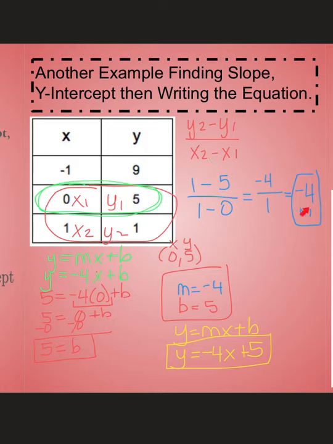Then I take that slope and substitute it into the slope-intercept equation, choosing one pair of xy values to substitute into the x and y variables in the equation. When I work it out, it solves for b, which is my y-intercept. I then take my slope and my y-intercept and put them together in the equation y equals mx plus b. So the equation of this particular line is y equals negative 4x plus 5.